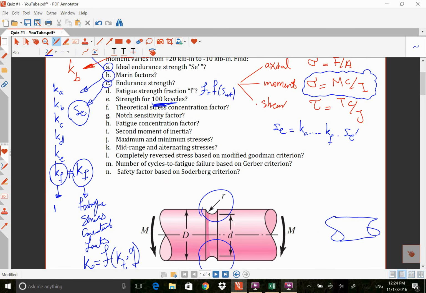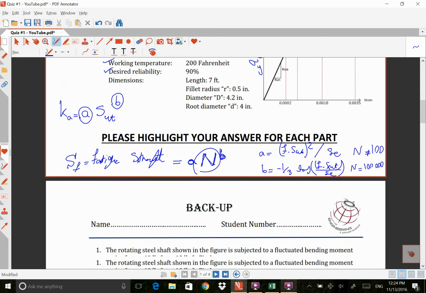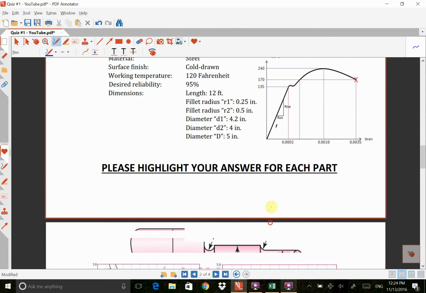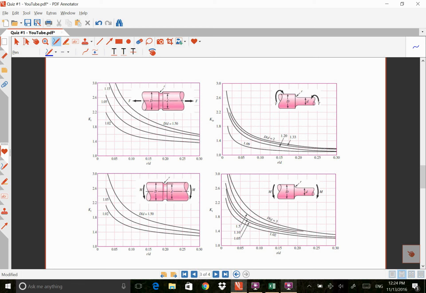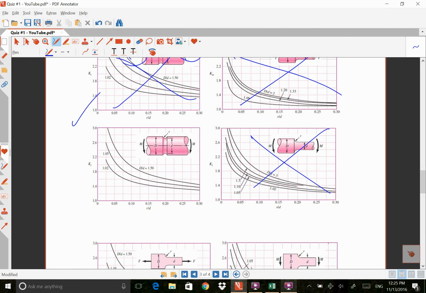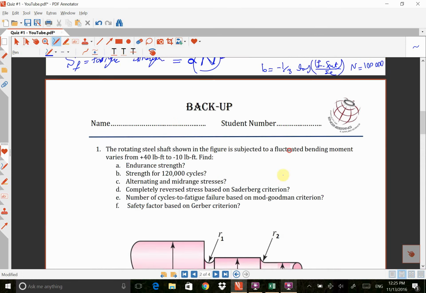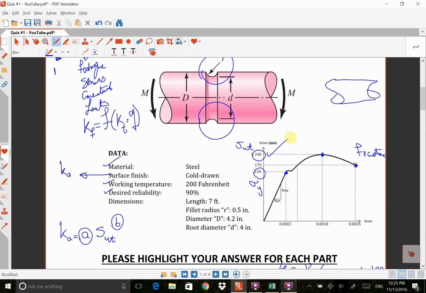Theoretical stress concentration factor. This can be found again from a table. So we need to go to a table. Okay. So our case is not this one, is not this one. It looks like that, but the type of loading that we have is not normal. So it's not this, and this is the correct one. And if I want to find the KT, I need to find R over D, and D over D. My R here is given here.